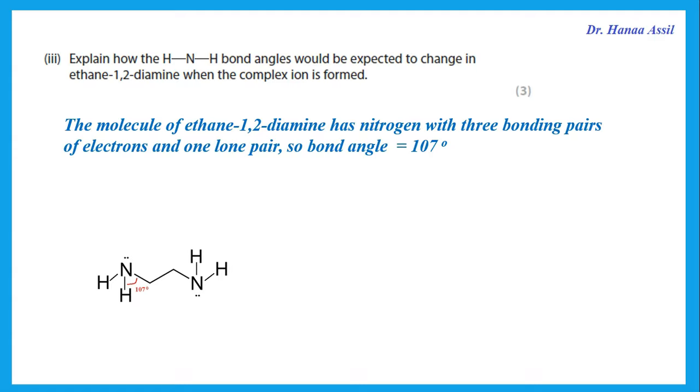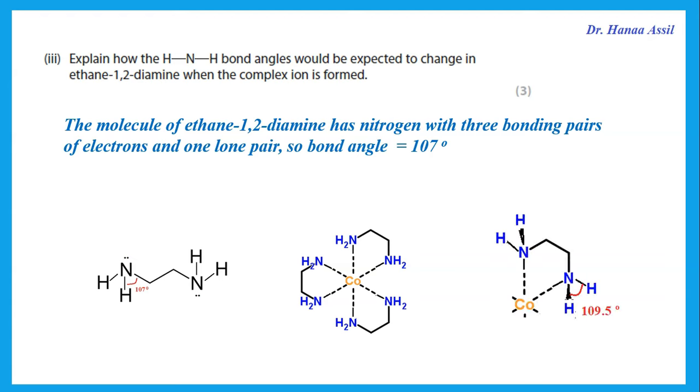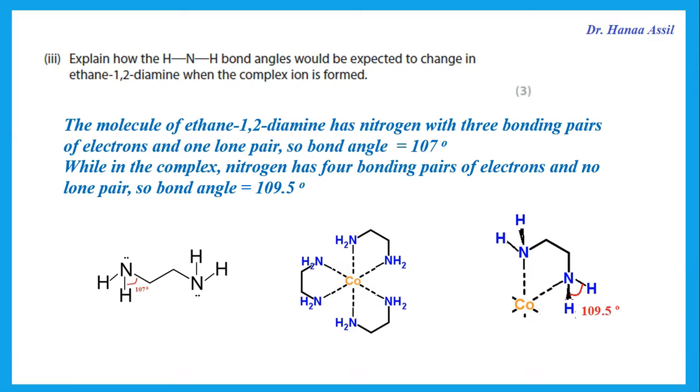So that is in the initial ethane 1,2-diamine. But when it bonds to form a complex, what is happening now is the nitrogen now has 4 bonding pairs of electrons, no lone pair of electrons on the central atom. So now it is tetrahedral with a bond angle of 109.5.